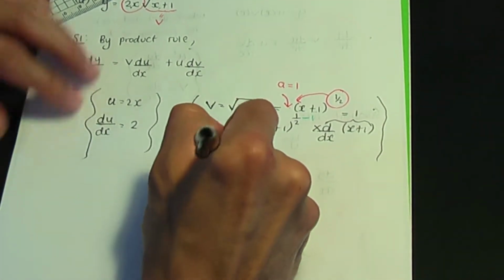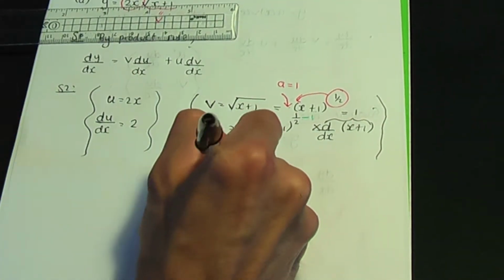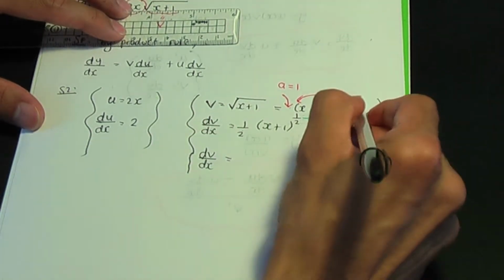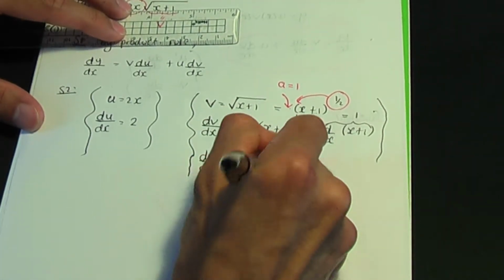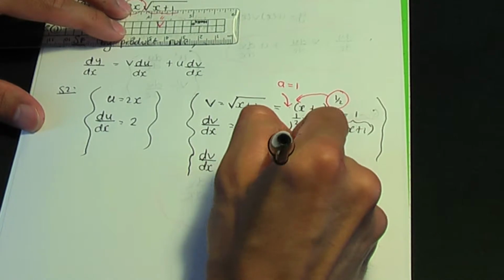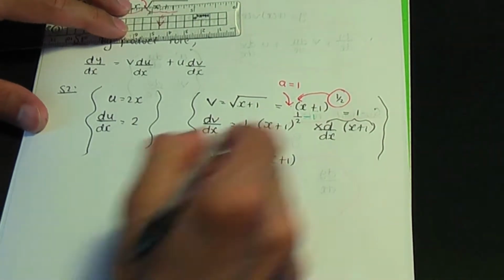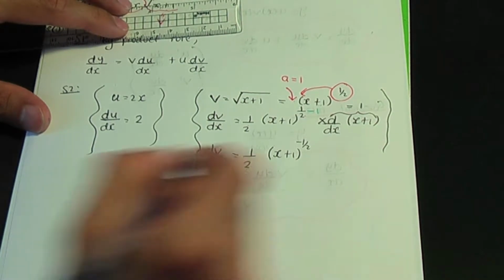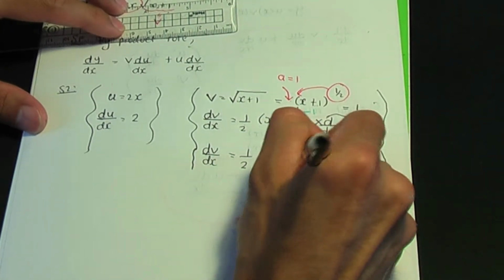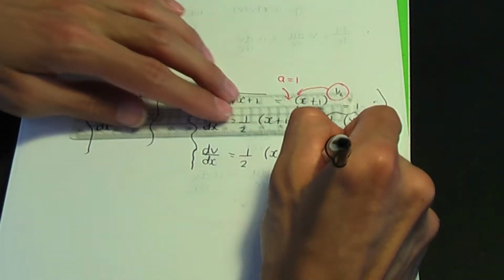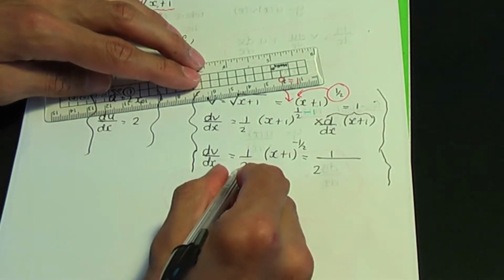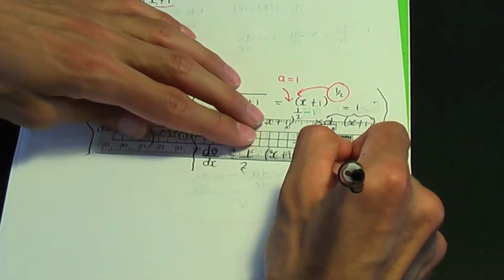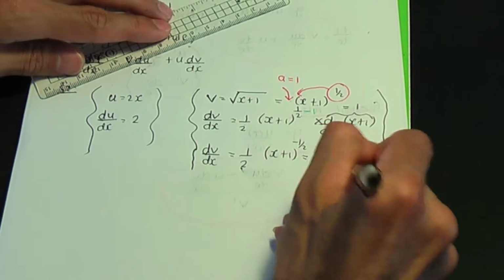So dv over dx will be half times 1, which is half, into the x plus 1, to the power half minus 1, which is minus half. You could just as well rewrite that as 1 over the 2 into the root of x plus 1.